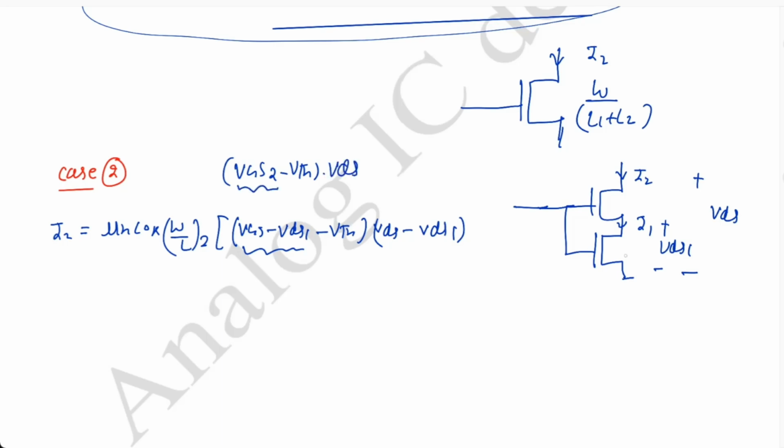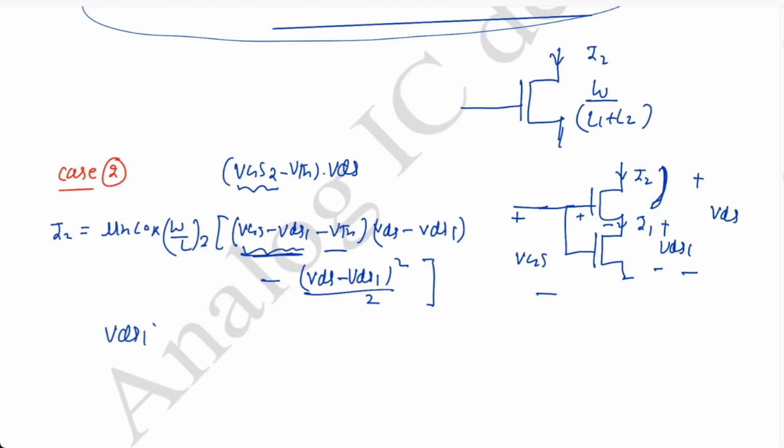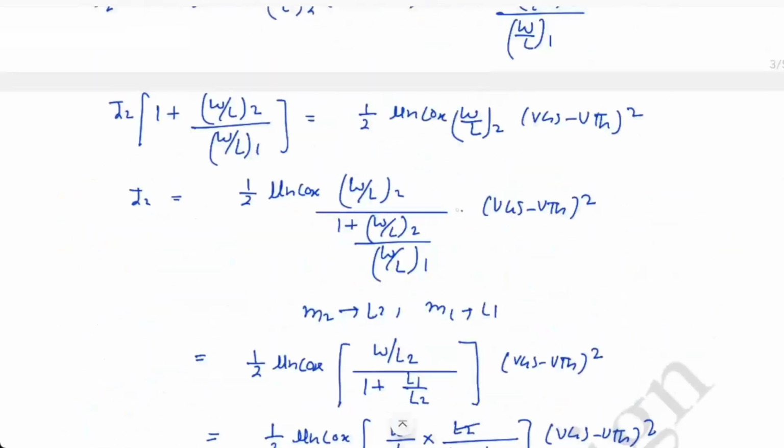So VGS2 is VGS minus VDS1, and the voltage VDS2 will be VDS minus VDS1. So I2 is mu1 Cox W by L2 (VGS minus VDS1 minus VTH) into (VDS minus VDS1), minus (VDS minus VDS1) square by 2. Now here put that VDS1 value we have calculated above.